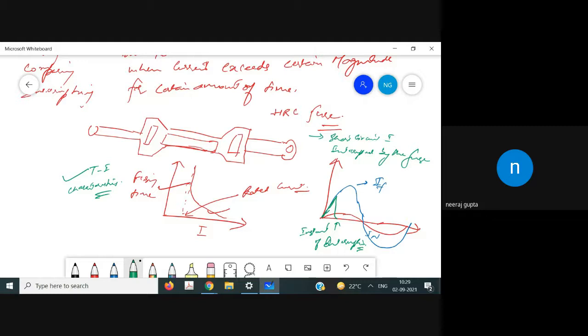So this is about the fuse. We can have a detailed discussion of what it is all about.